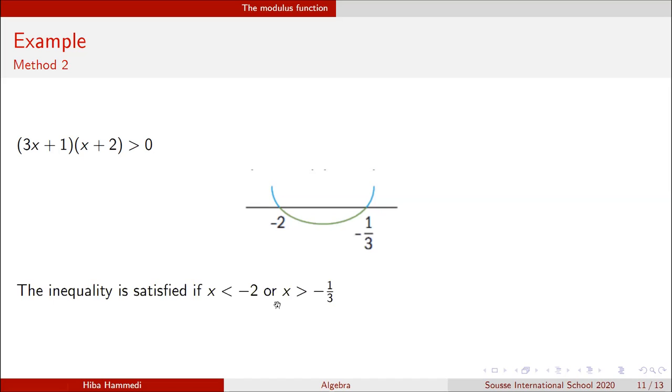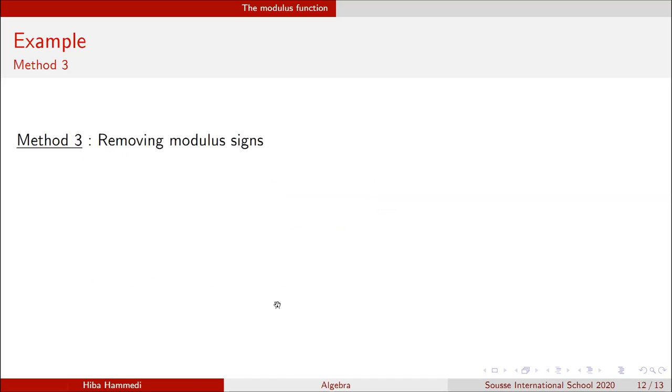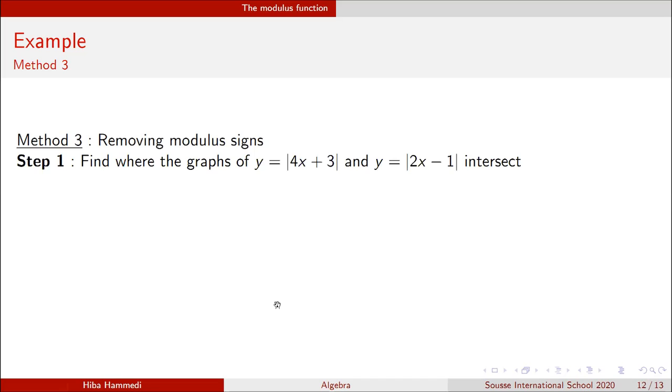Right, let's see another way, which is based on removing the modulus signs. How will we remove them? The first step is to find where the graphs intersect. It means I need to solve it as an equality, not an inequality.